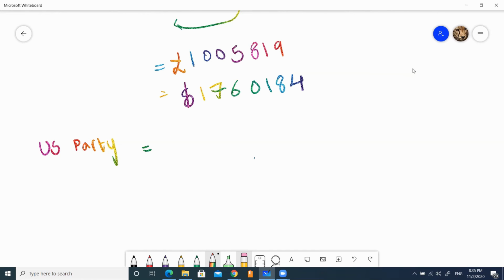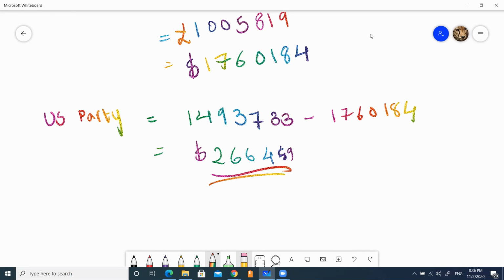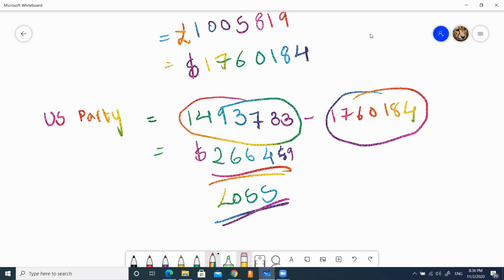You're going to say the value of the US, which is 1,493,733 minus 1,760,184, and this amounts to approximately 266,450 something like that. And that is the loss. Why a loss? Because your US party is getting this much, but your UK party is valuing it at much more. So from a US perspective, it is a loss to you. That is how you value a currency swap.